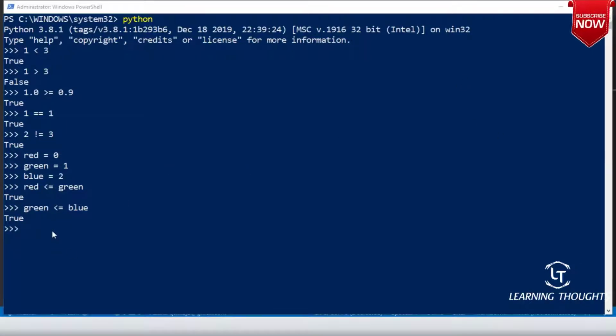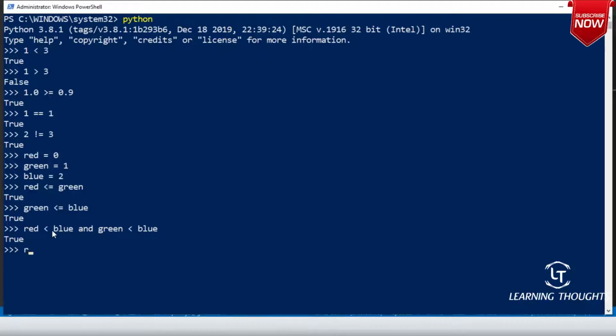And now let us assume if I want to write a complex application, something like, is red less than blue and green also, is it less than blue? So what is it I am trying to do now? Is red less than blue? Let me try to write this and let me see if Python knows this. And green is less than blue.